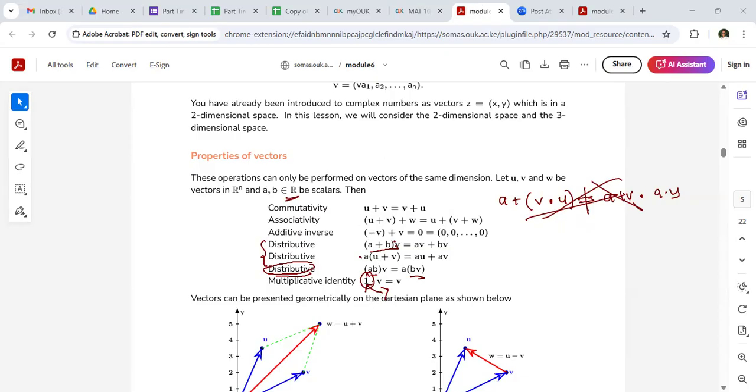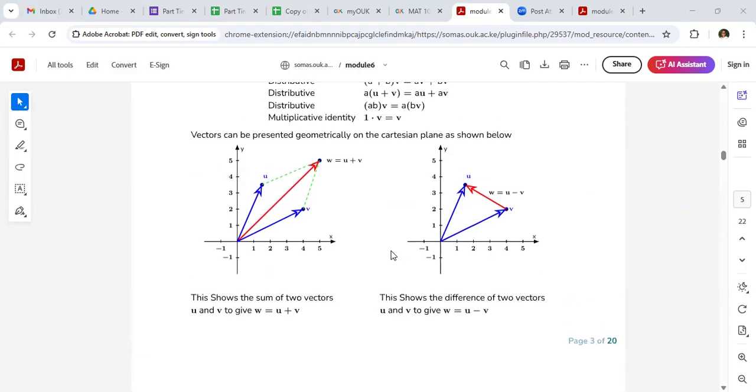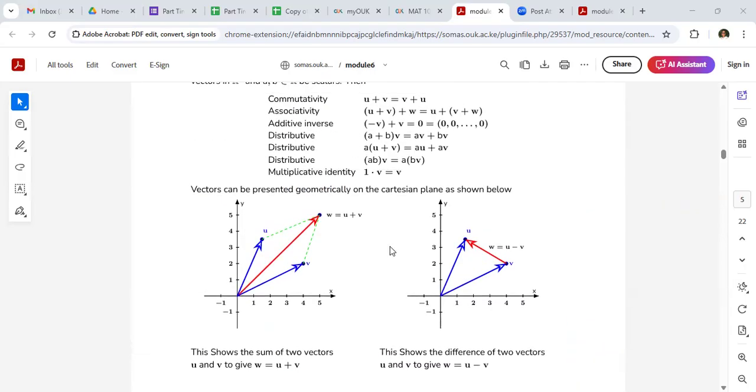So we have the graphical representation of the operations that I had discussed earlier on. You can add two vectors, u plus v, and you have the resulting vector, and then you have the resulting vector u minus v. You notice that here, if you have your vector u, it's directional. This is the reason why these arrows are important.